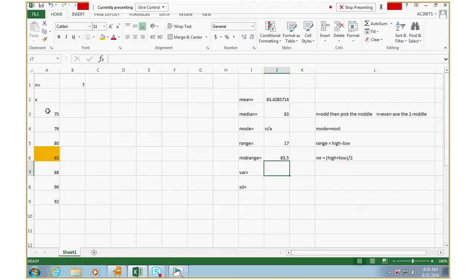Variance is a little bit different. Variance, you have to really rely on the formula to do the variance.